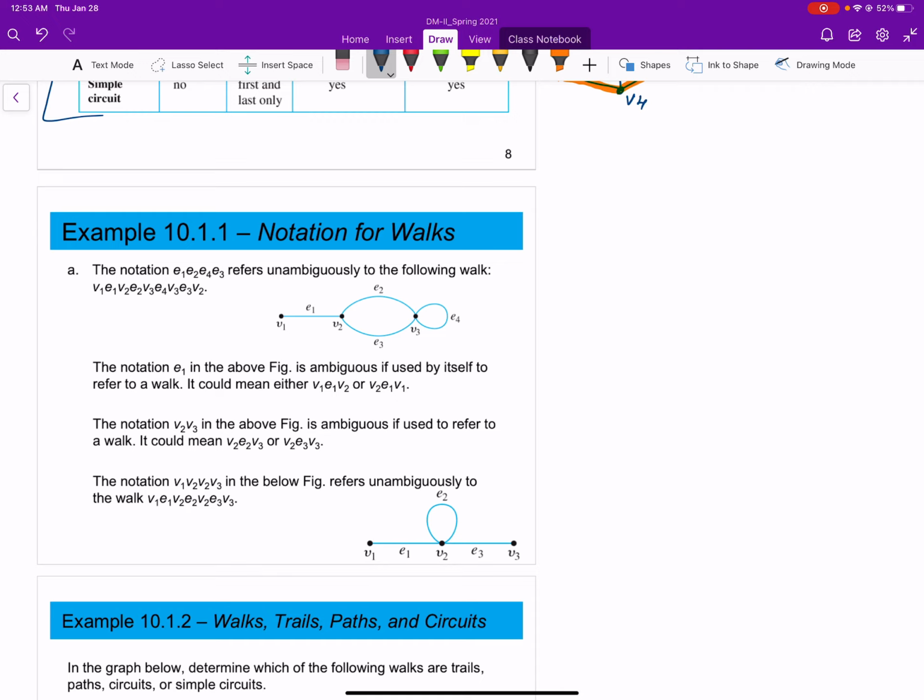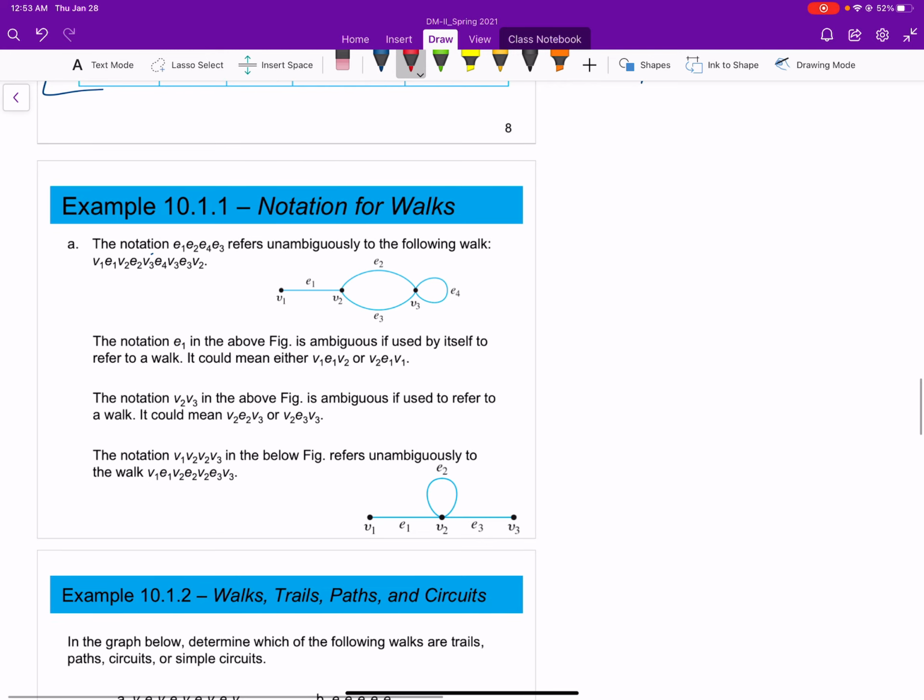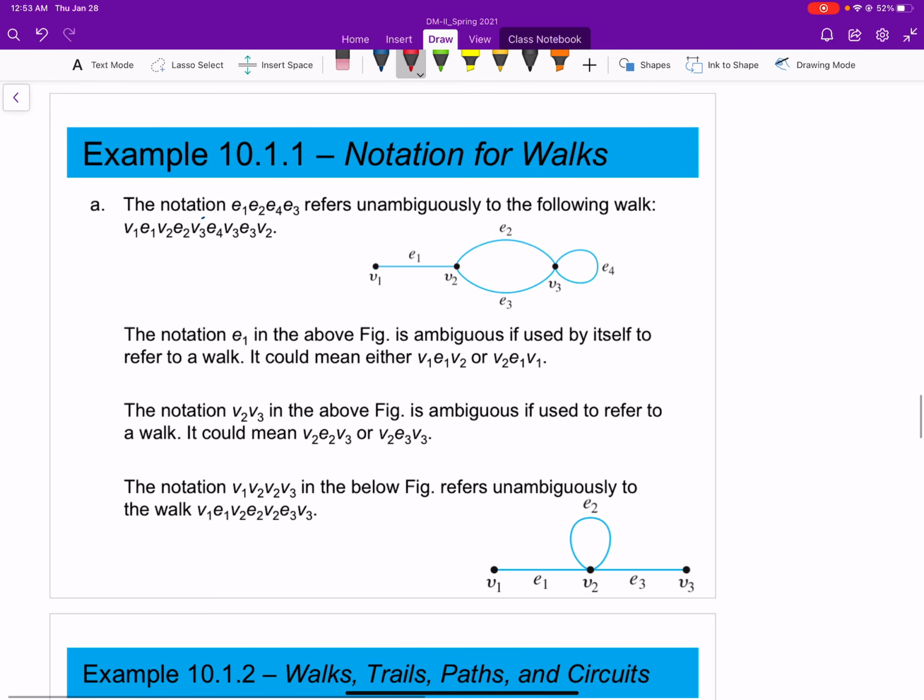Okay, so let me explain this slide. The notation E1, E2, E4, E3 refers unambiguously to the following walk. Alright, so the same walk, this equals that.